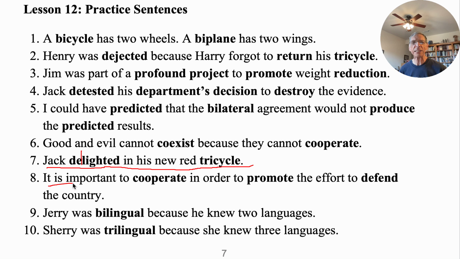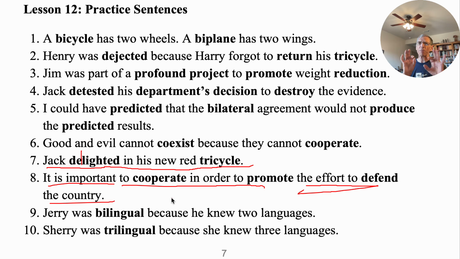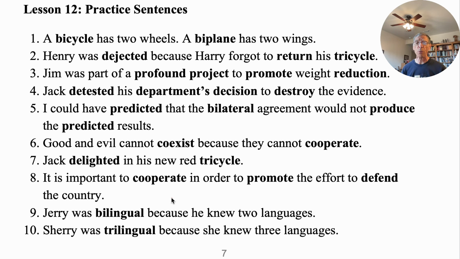Number eight, it is important to cooperate in order to promote the effort to defend the country. If I was to read that quickly, I would say it's important to cooperate in order to promote the effort to defend the country. But when you start out, take it slower, and as you go through, you can build up the speed.